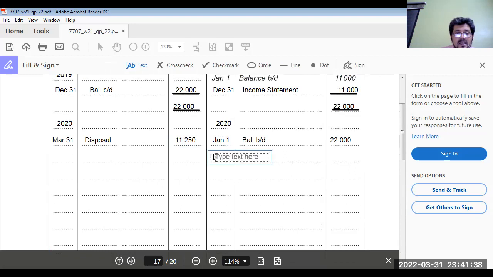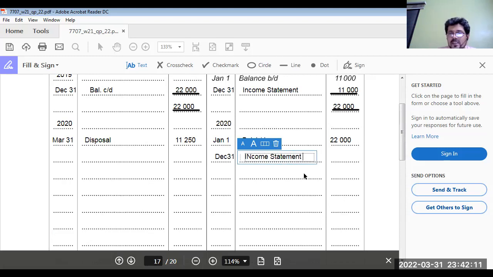Okay. Now, on December 31st, while computing depreciation or transferring it to the income statement, we have to be careful. What is the cost of the machine A? 30,000.